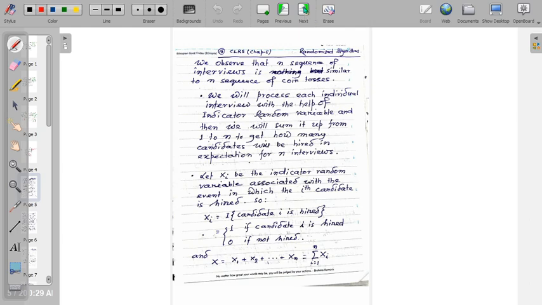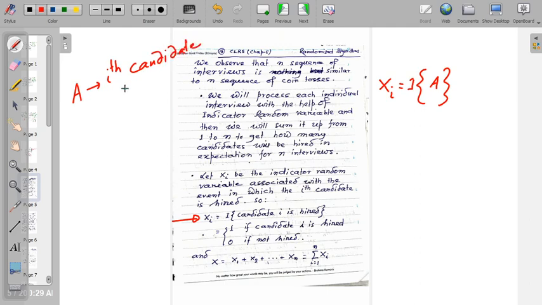So for a particular ith interview, we can define one indicator random variable X_i, and that indicator random variable is associated with this event A, where A is: the ith candidate is hired.